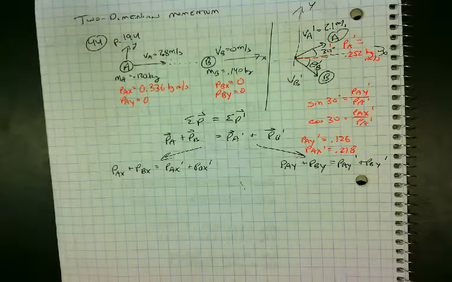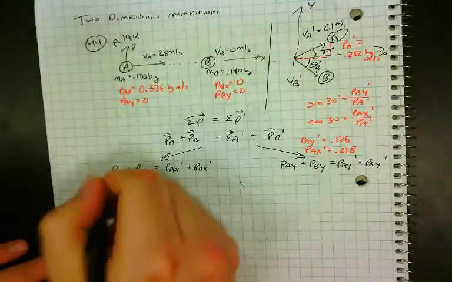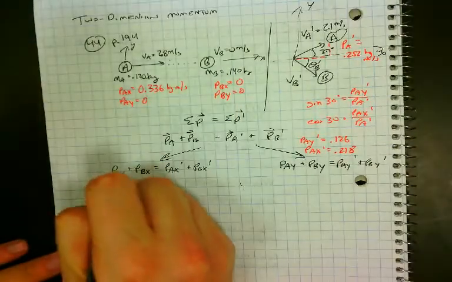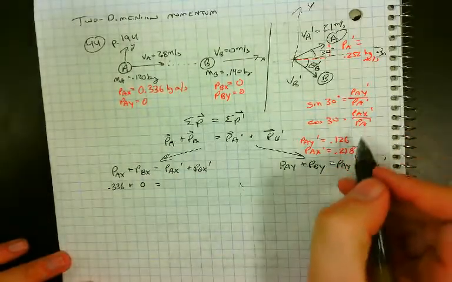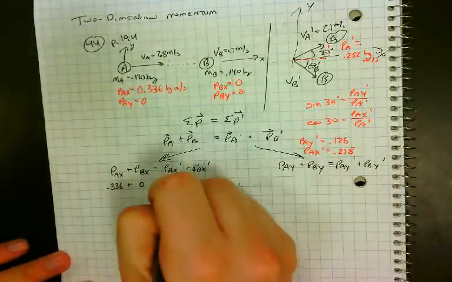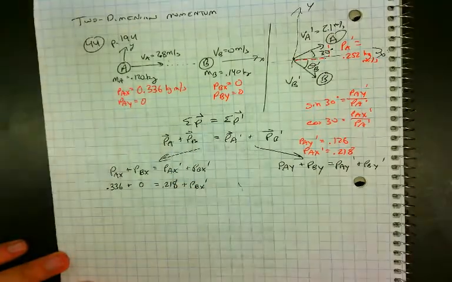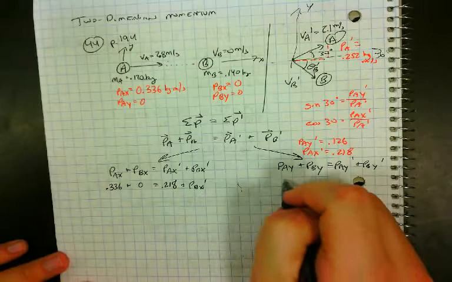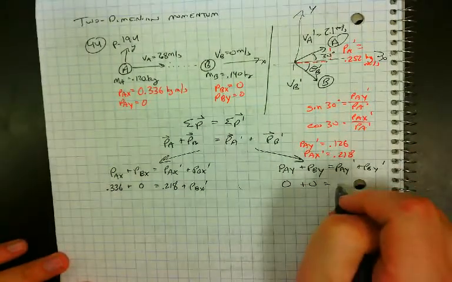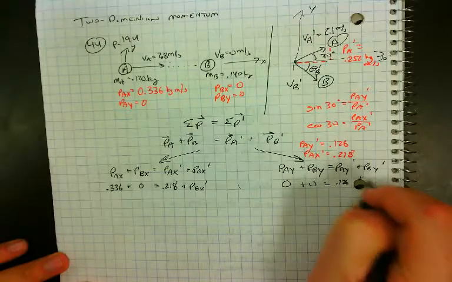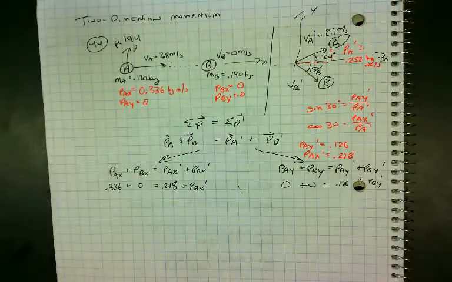And now it's just a plug and chug problem, right? PAX here is 0.336 plus PBX is 0. PAX prime is 0.218. We want to find PBX prime. And similarly, we've got 0 plus 0 equals PAY prime 0.126 plus PBY prime.